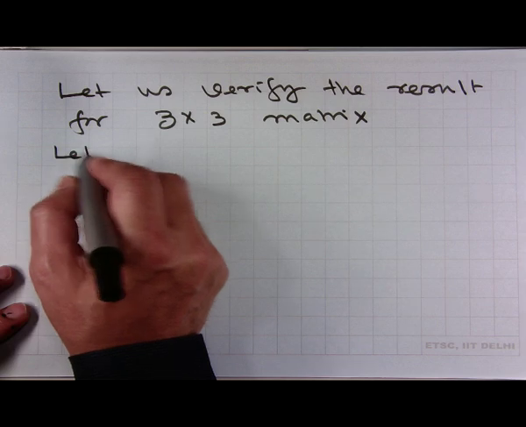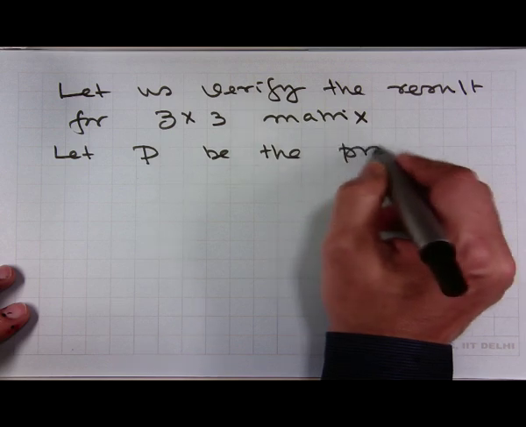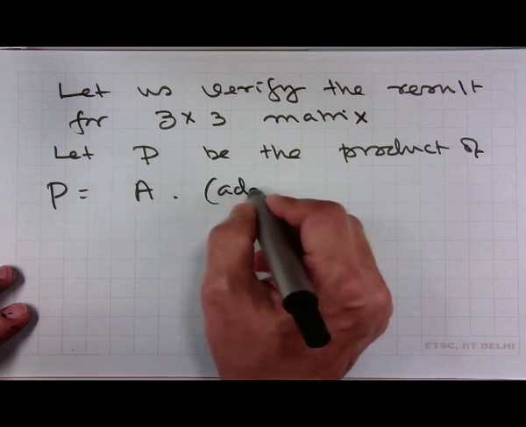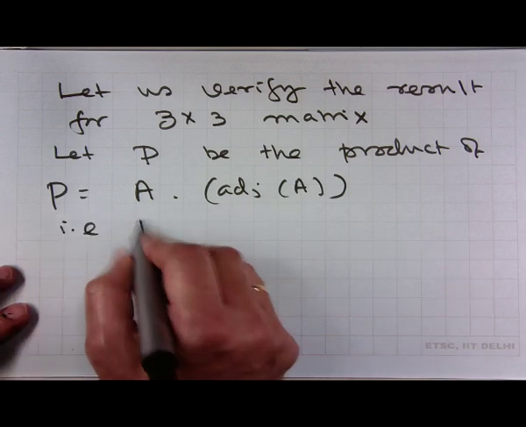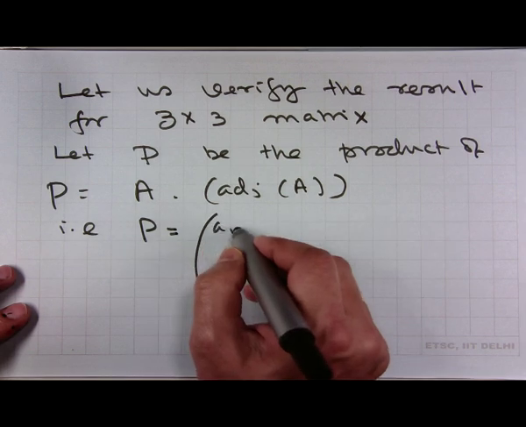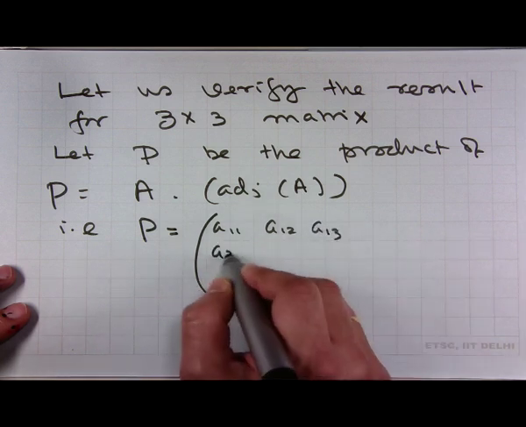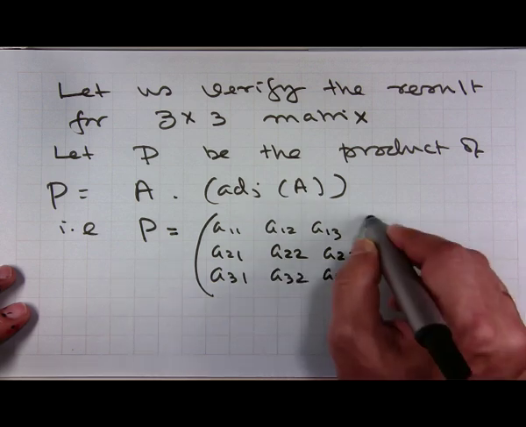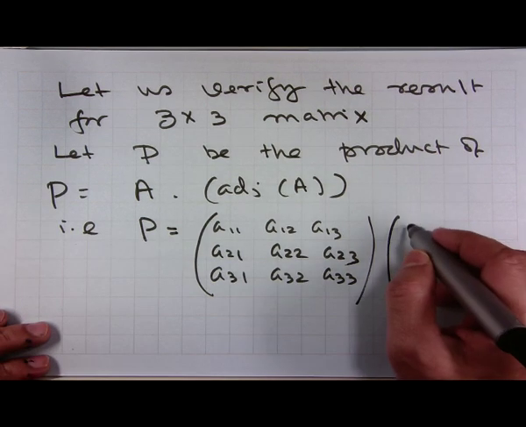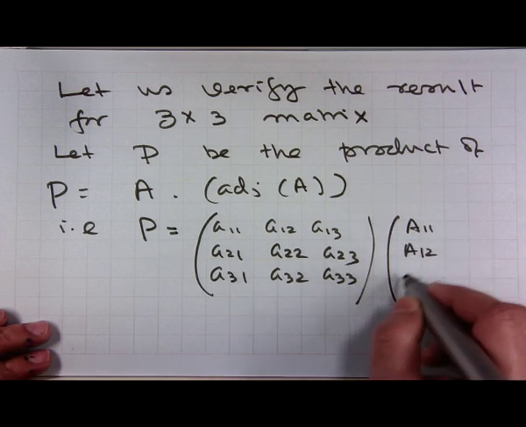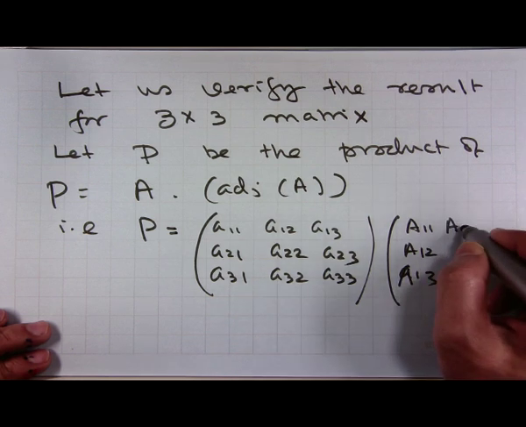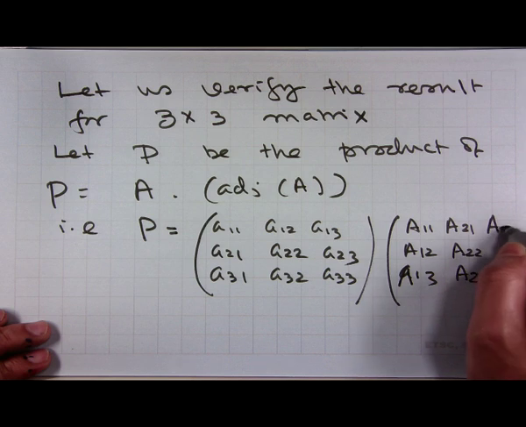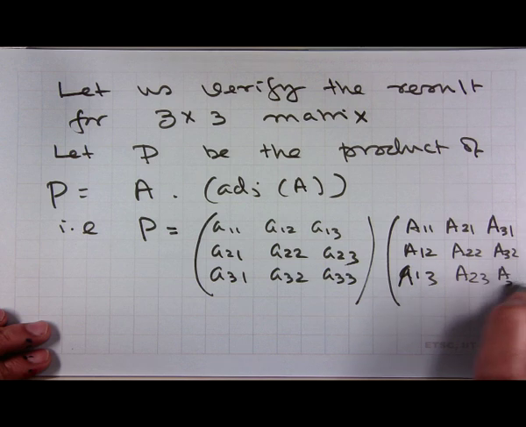Let P be the product of A into adjoint of A, that is P is equal to A11, A12, A13, A21, A22, A23, A31, A32, A33 into A11, A12, A13, A21, A22, A23, A31, A32, A33.